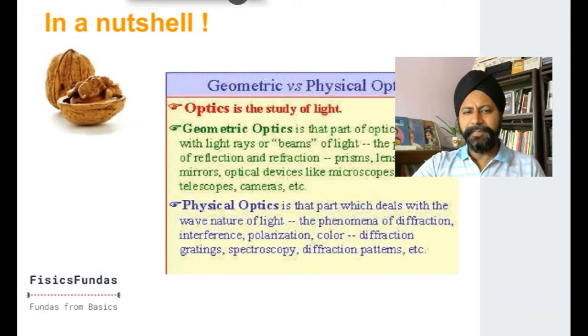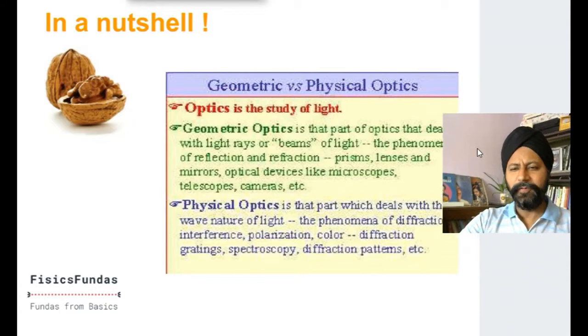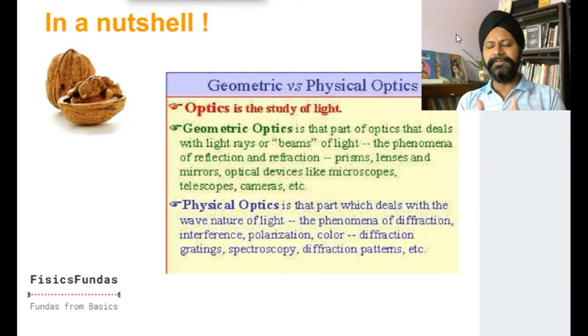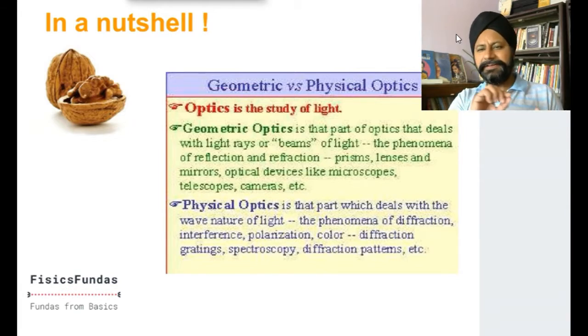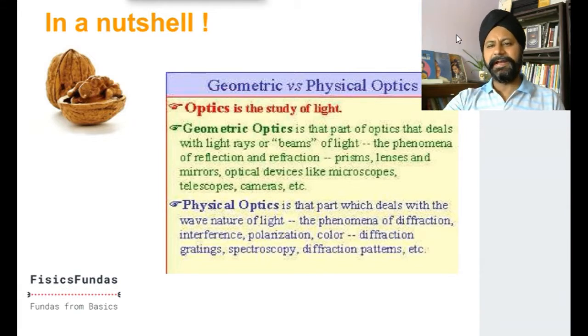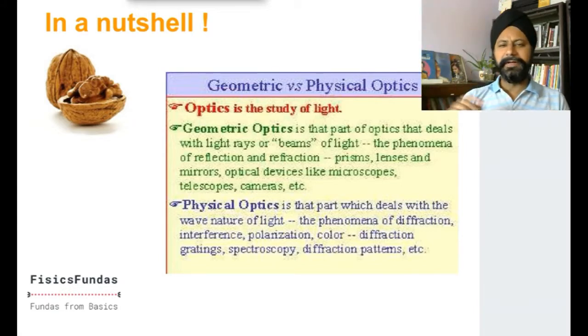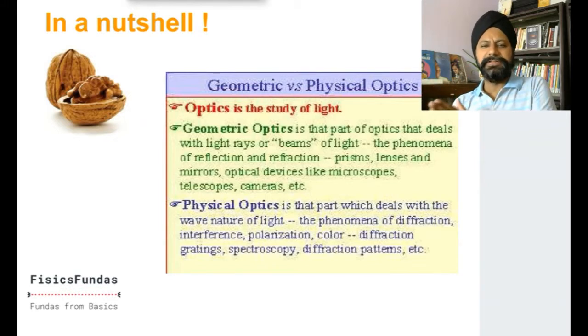So let's very briefly review what is ray optics versus wave optics, which we studied in the previous video. In ray optics, we are dealing with the rays of light. We are not interested in whether the light behaves as a wave or a photon or a bundle of photons. We are just interested in how it travels in a straight line and then gets reflected off the mirror or refracted when it changes direction.